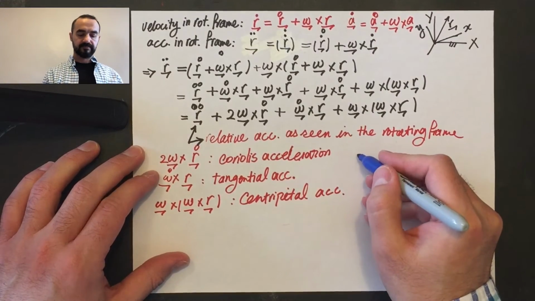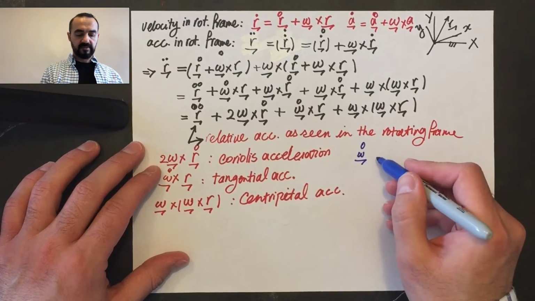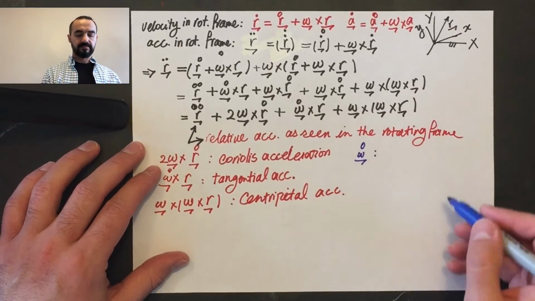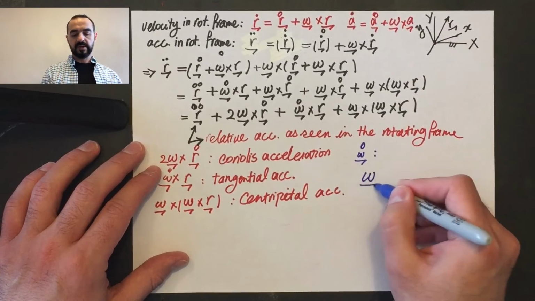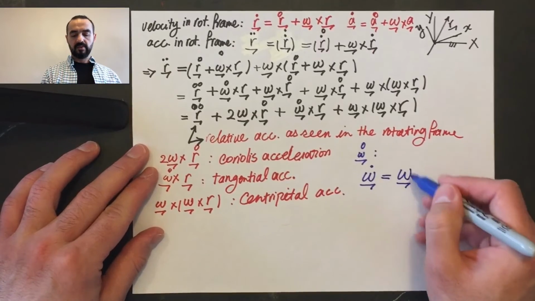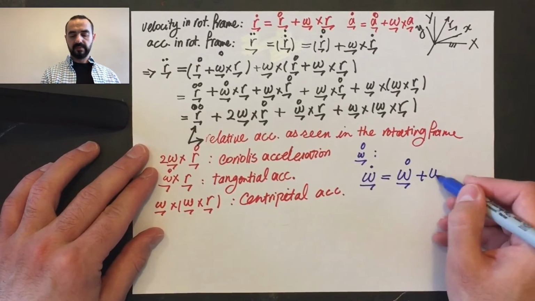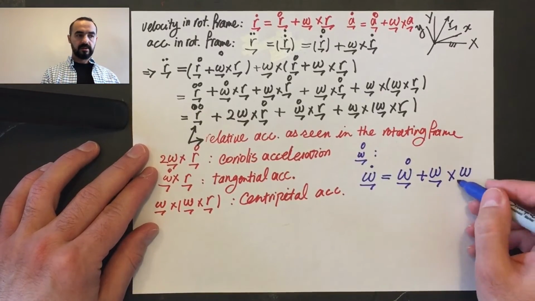Here I have omega. That's what I'm interested in, omega circle. So let's use this relationship, replace A with omega. So we have omega dot equals omega circle plus omega cross omega.